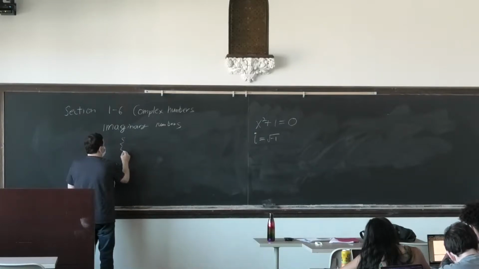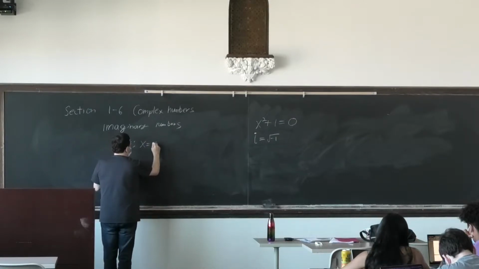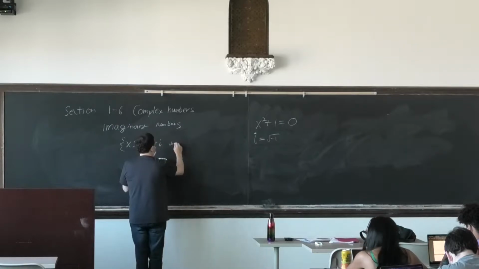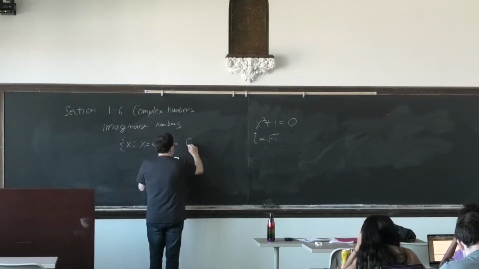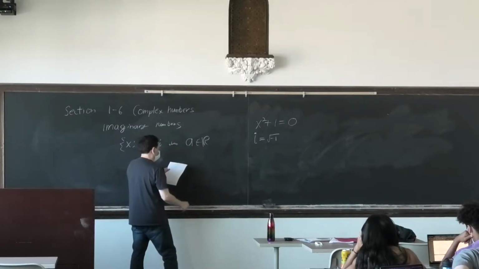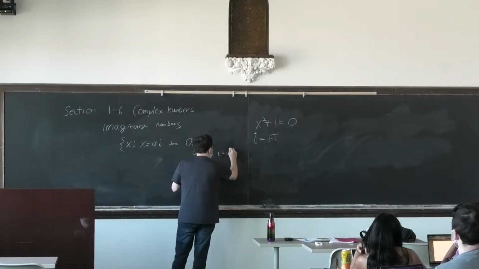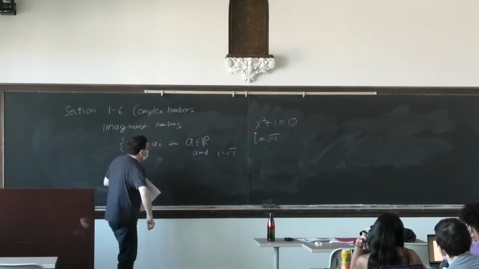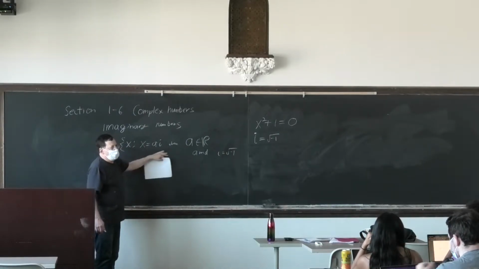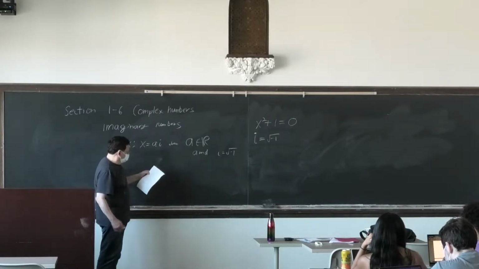They are numbers x such that x equals a i, where a is a real number, a member of the reals, and i is equal to the square root of -1. So all our imaginary numbers have this property. There's some real number times the square root of -1.